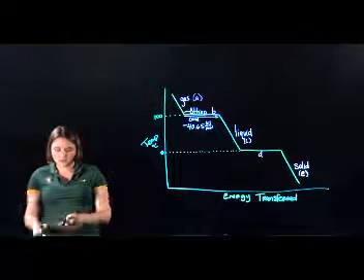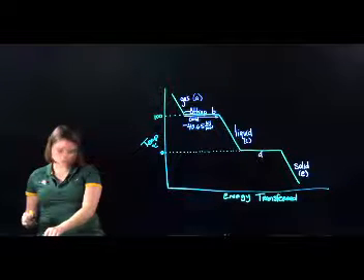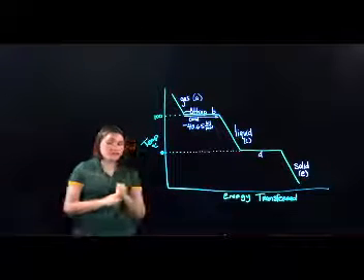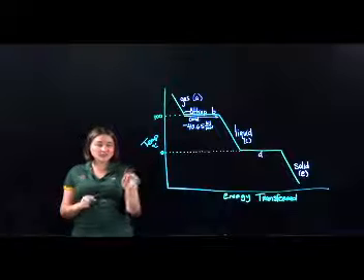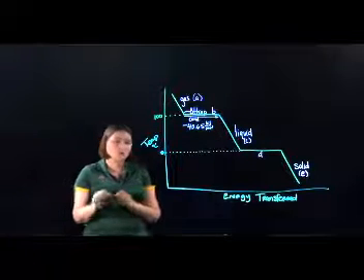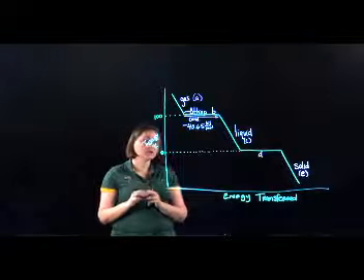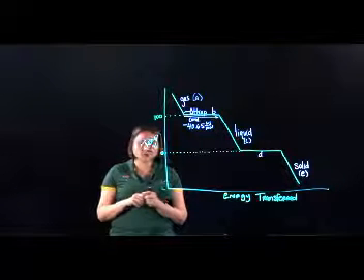Now the last part of this question wanted you to do some math. And it wanted you to calculate how much heat in kilojoules is released when water is condensed from 100 degrees to 1 degree.